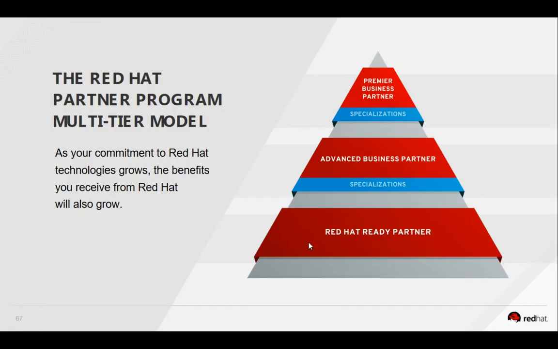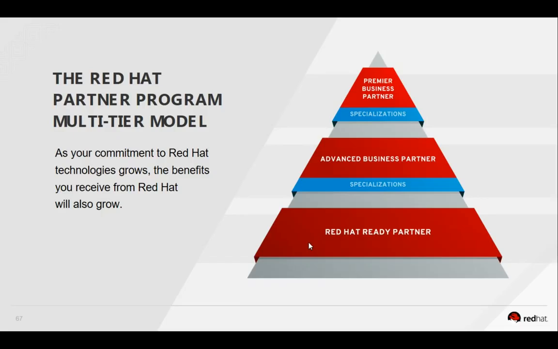For an advanced business partner, this is where you start getting the benefit of deal registration. Unless you are an advanced business partner, there is no deal registration applicable. So an advanced business partner has to acquire a minimum of 1 skill out of platform, cloud, or middleware, and then you need to have a minimum of two of your sales people and engineers certified on the different Red Hat accreditations.